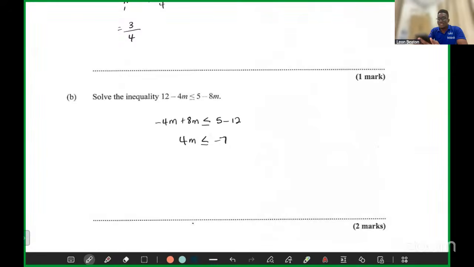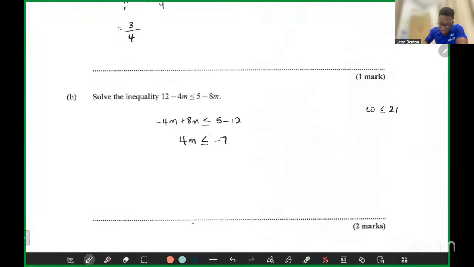Before I do this last step, let me just check this. Good.